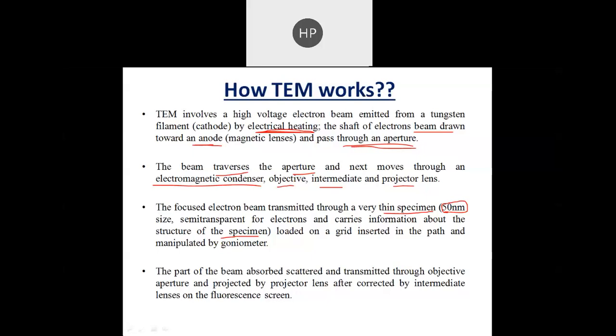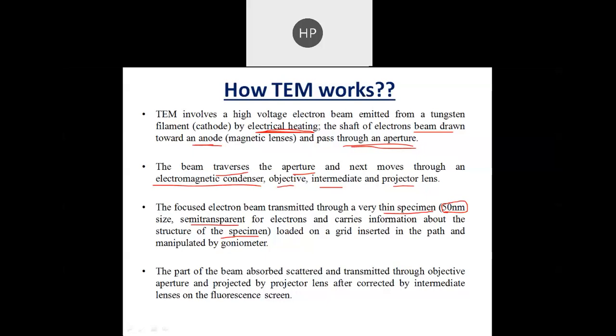If you use a wrong specimen, it will give you wrong information about the whole structure. That's why we have to select the specimen such that it gives the information about the whole structure, and it should be semi-transparent so that the electrons can easily be transmitted through that specimen.